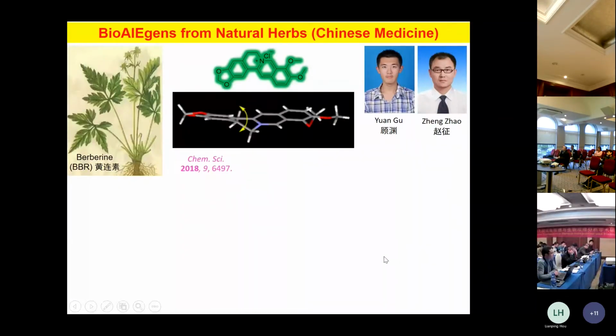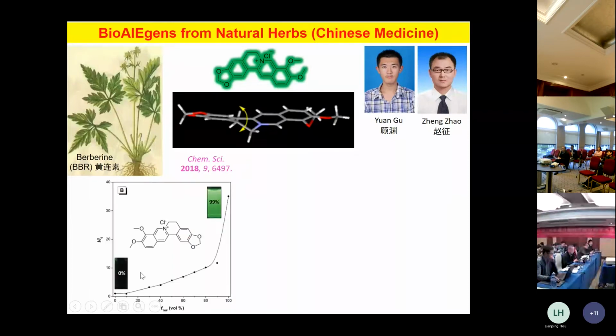We are now very much interested in searching for AIEgens from biological systems. This is a Chinese medicine called berberine, in Chinese it's huanglian su. You can see this molecule is AIE active. The solution is not emissive, but the aggregate is very, very emissive.